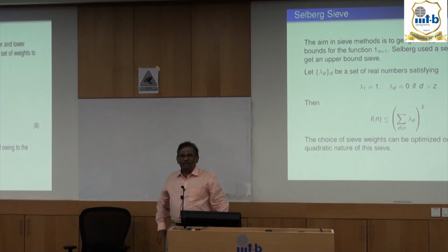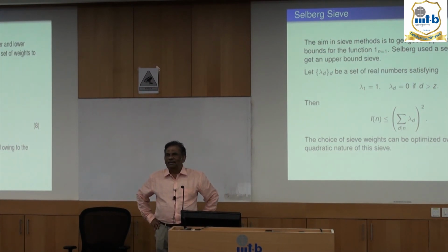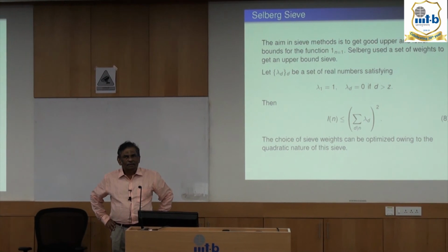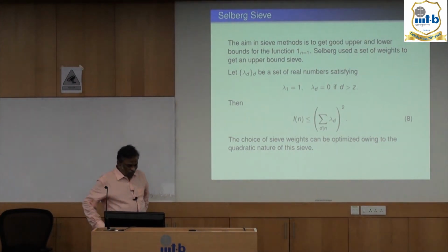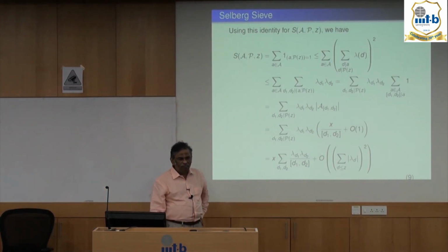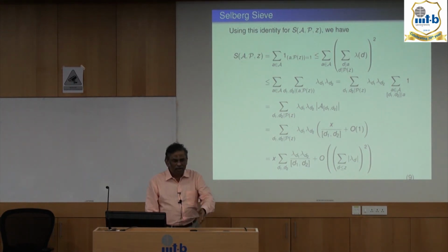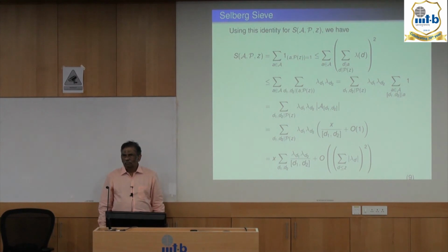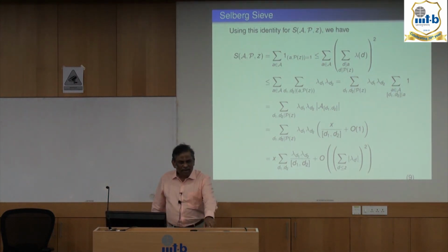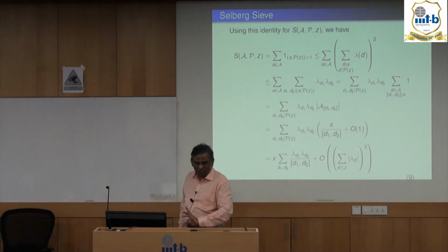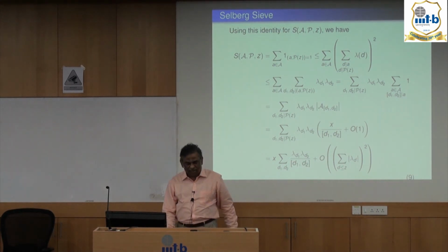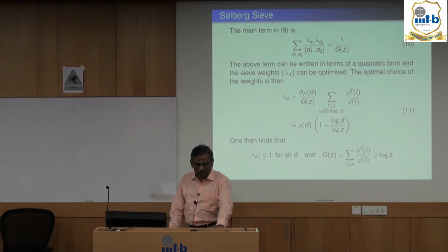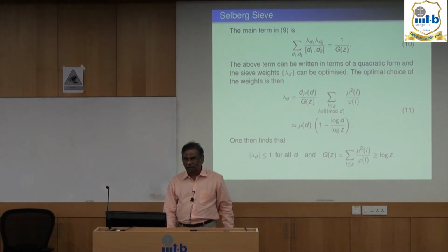Therefore, it is the summation over d dividing n of lambda d, whole square, and that is the weight, and then you can do the same thing. This condition that a and P(z) are co-prime can always be replaced by the summation of lambda d whole square, and then you can simplify. Then you have a main term and an error term.